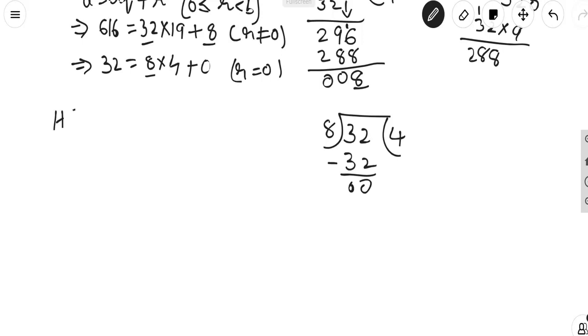So 8 is your divisor. So the HCF of 616 comma 32 is 8.